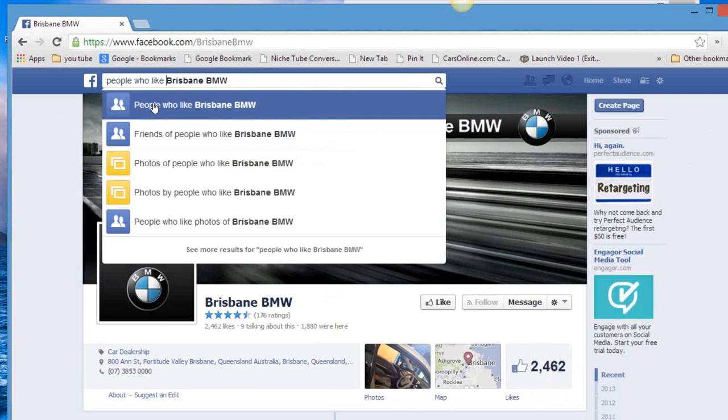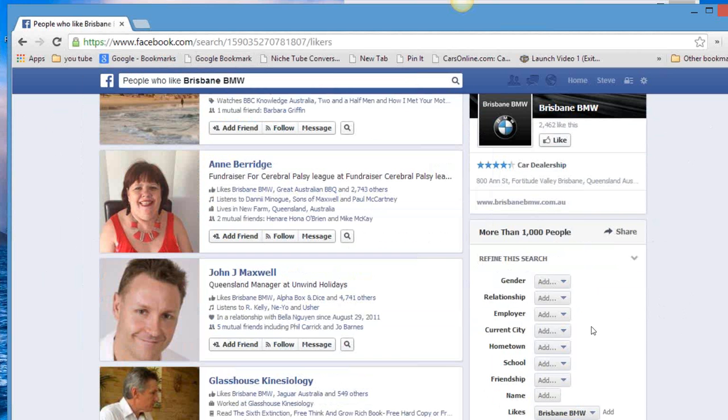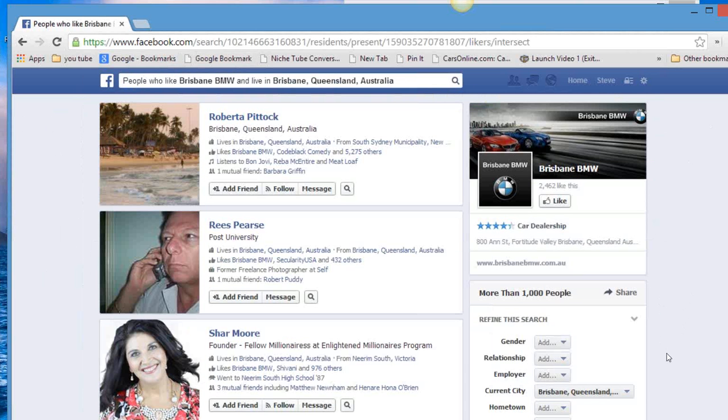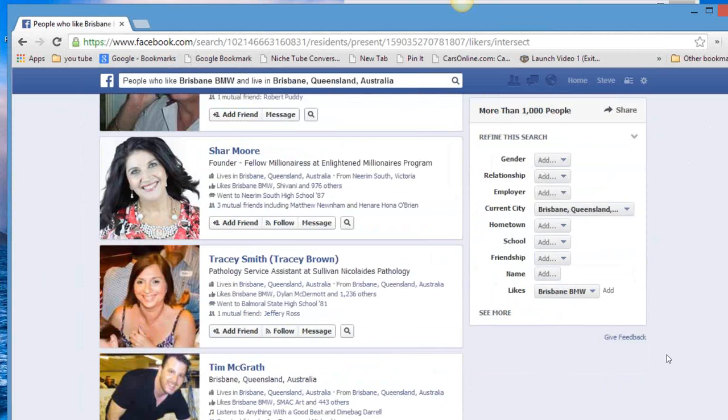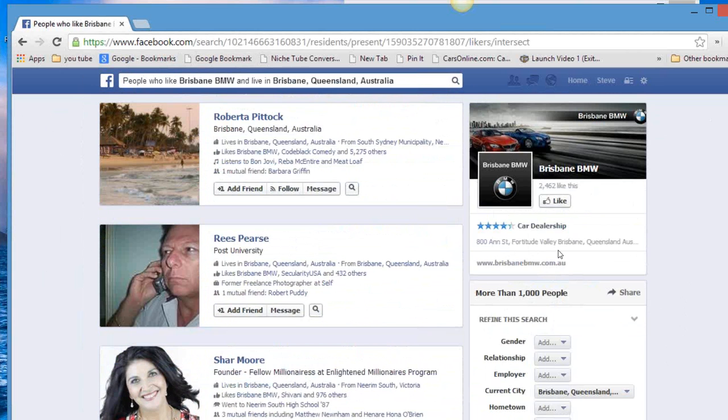So we can bring these people up. Now, what you should be doing also is zooming into the city where you want to be targeting. There are quite a few people in here that like this, but it says more than 1,000 because there are 2,400. So realistically, you could zoom in and target these people.